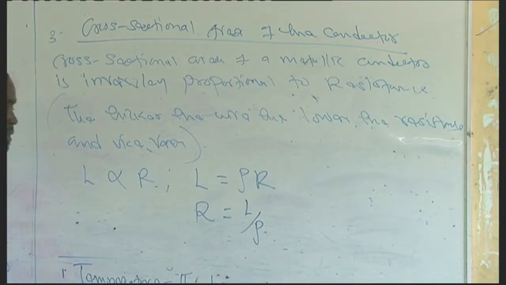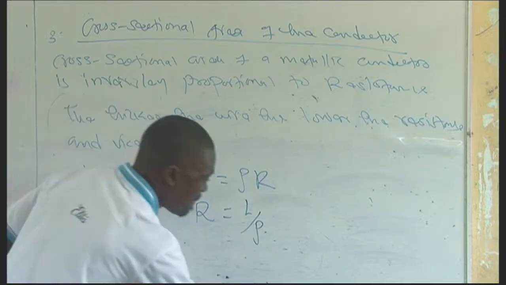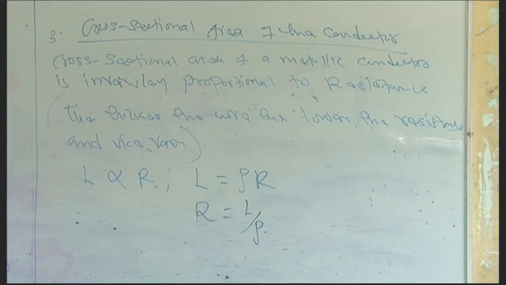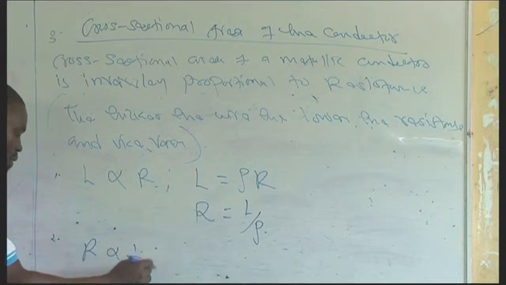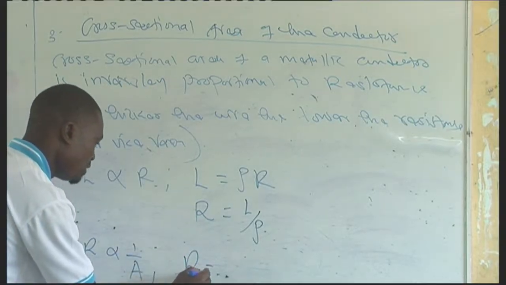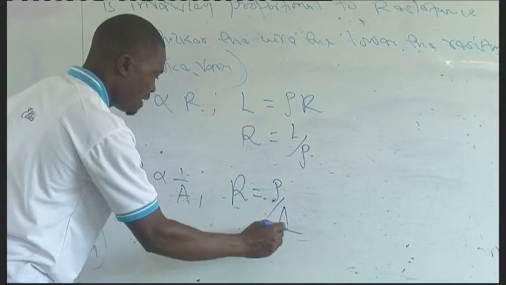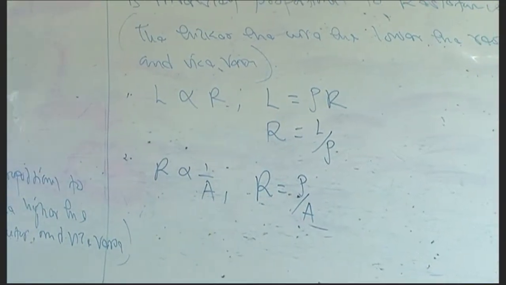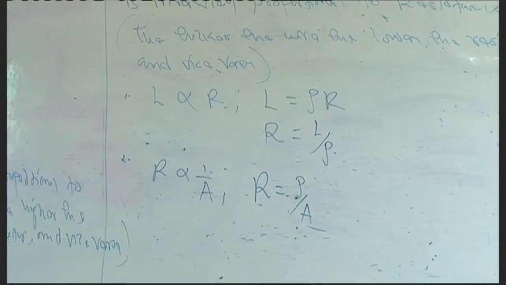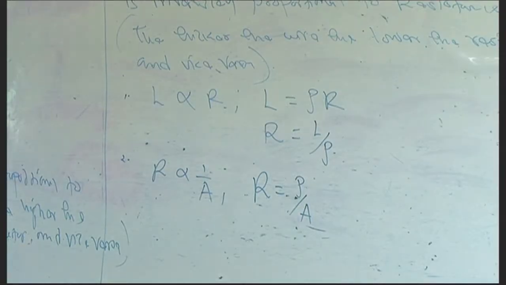That value we use as a constant of proportionality. Now in our second factor here, we are saying that resistance is inversely proportional to cross-sectional area. So if you work with this, you will say R equals a constant, then divide by that area.